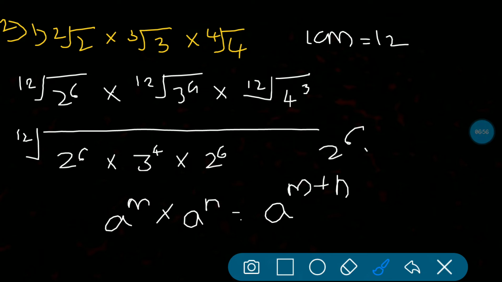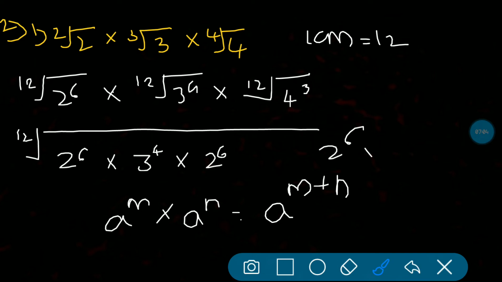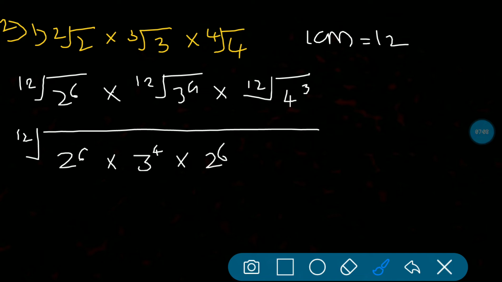So 2 power 6 multiplied by 2 power 6 is nothing but 2 power 6 plus 6, which is 2 power 12. Now in the next step, we are going to write it as the 12th root of 2 power 12 multiplied by 3 power 4. Now this is also clear to you, right?